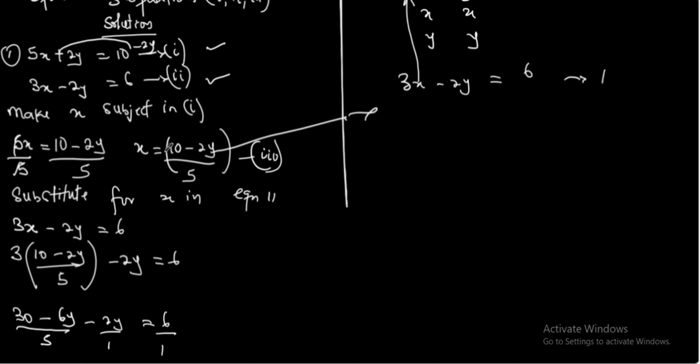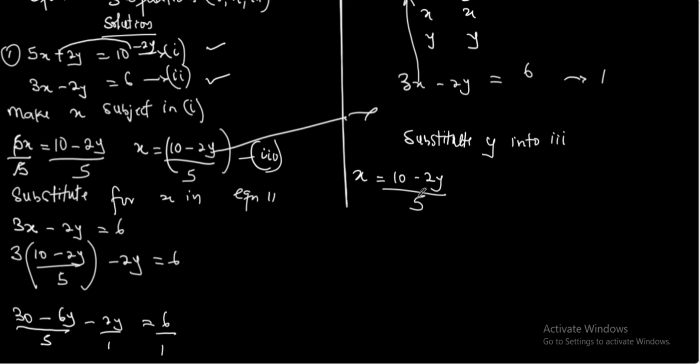So we have x equal 10 minus 2y over 5, where you now substitute the value of y into any of the equations. So for me, I will substitute y into equation 3.